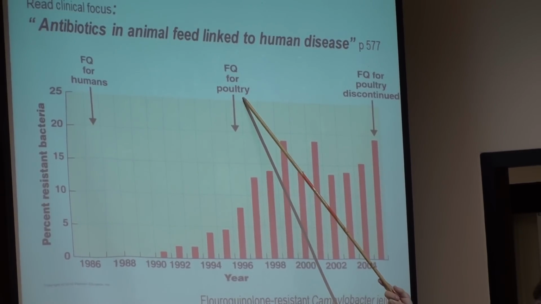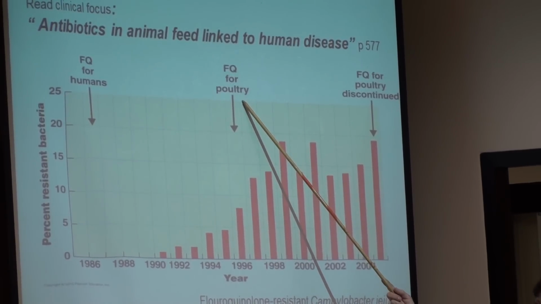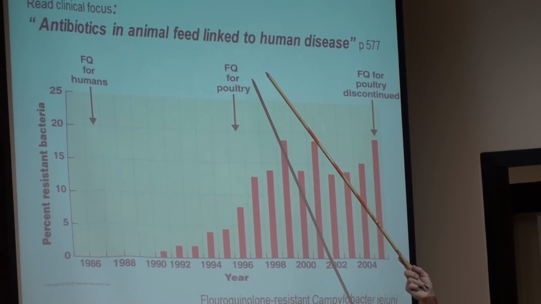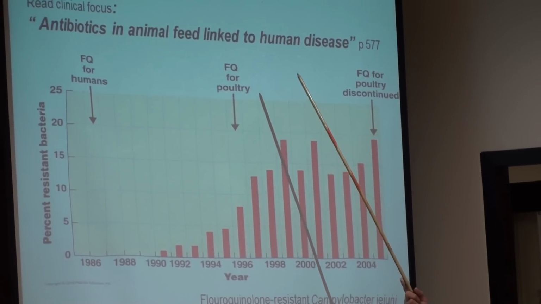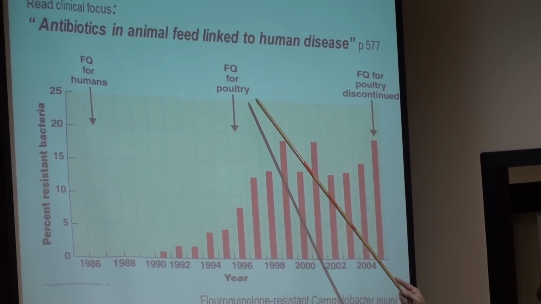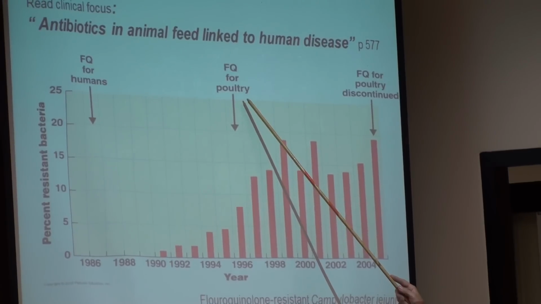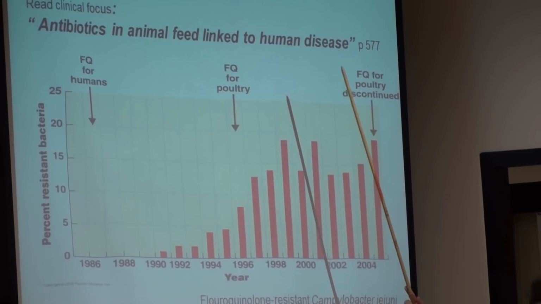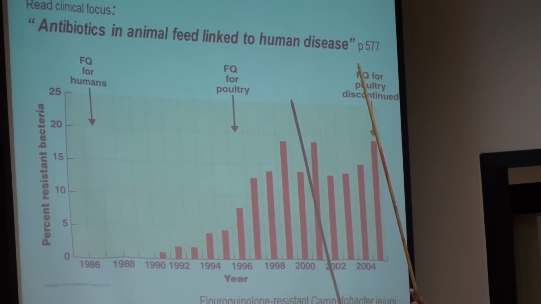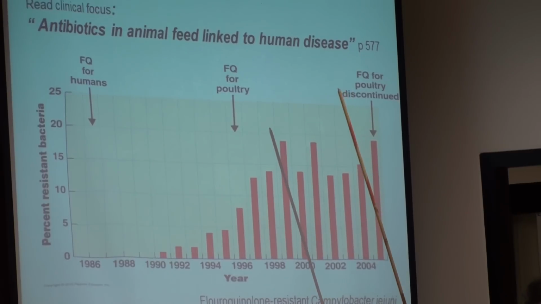It's used to increase egg production. What we want to see here is that when fluoroquinolones, for example, the equivalent of ciprofloxacin, was incorporated in low level in poultry feeds, we saw an increase in the evolution of antibiotic resistance among a very important group of foodborne pathogens, the Campylobacter.